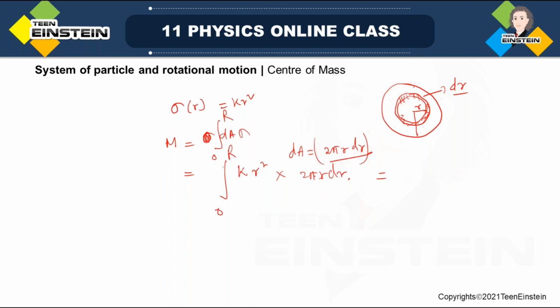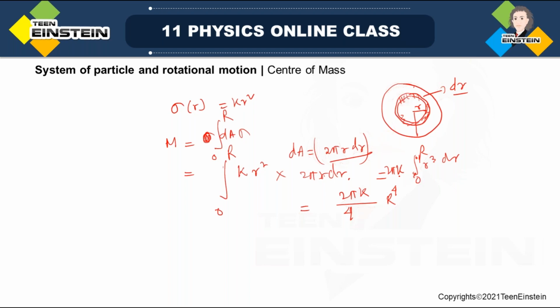This r becomes r cube, so 2 pi k by 4 into capital R to the power 4.